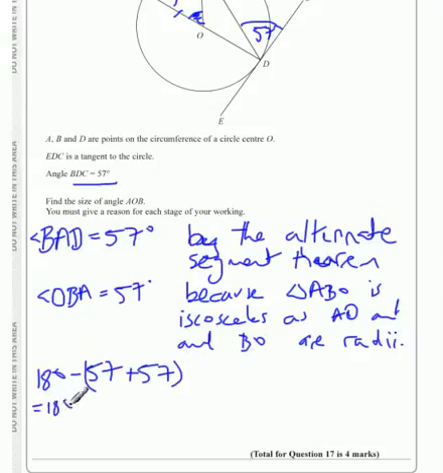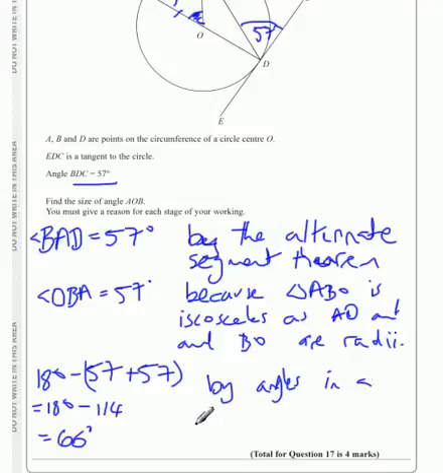So 180 minus adding those two together gives us 114. 180 minus 114 is 66. By angles in a triangle, add up to 180. Making sure we give a clear reason for each of our steps.